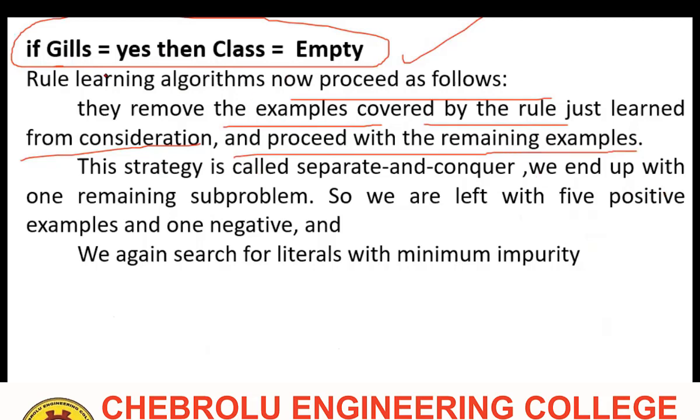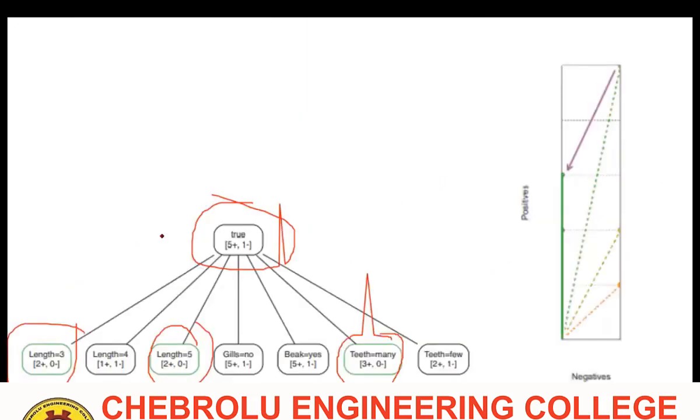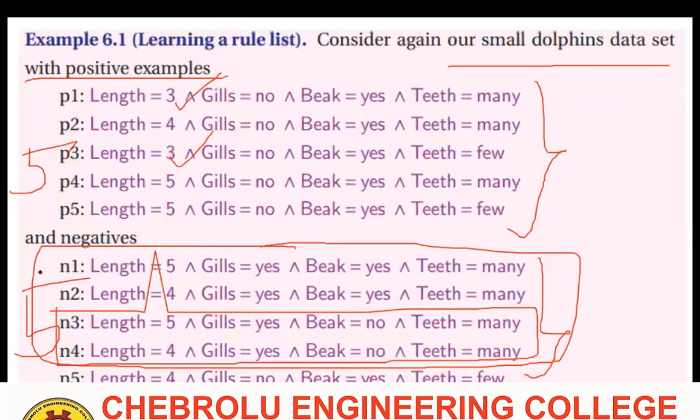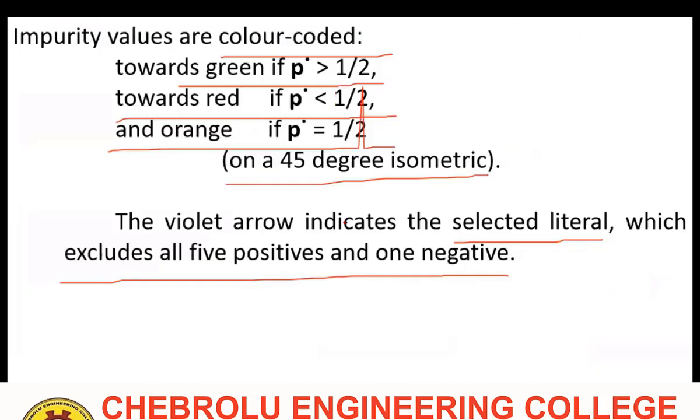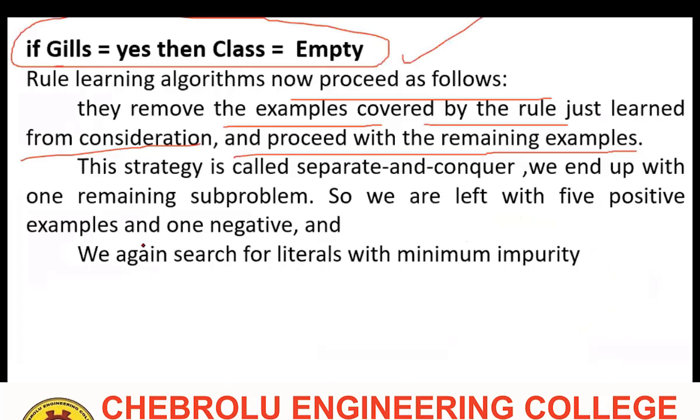Now, if you see here, gills is equal to yes, and then class is equal to empty, so we have almost eliminated all these 4. And we are left with 5 positives and 1 negative. This is what we try to show: 5 plus 1 minus with one rule.